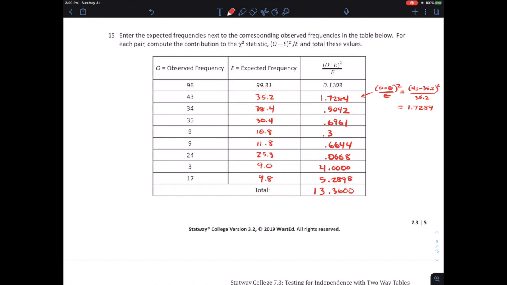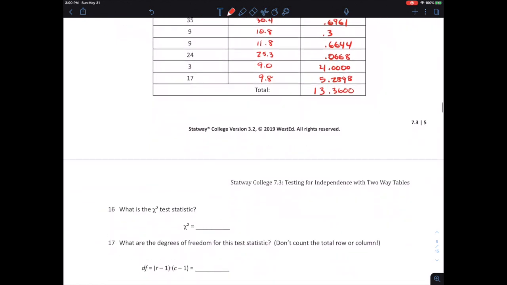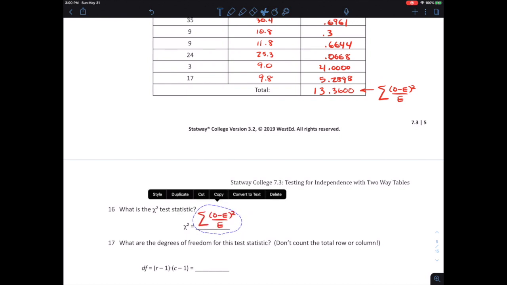Okay, so there's just some rounding issues here. No big deal. Those are all basically the same. So our chi-square statistic is this total. Again, this is the sum of O minus E squared divided by E, and that's what we're doing here. And that came out to be 13.3600. I'm just going to say 13.36.